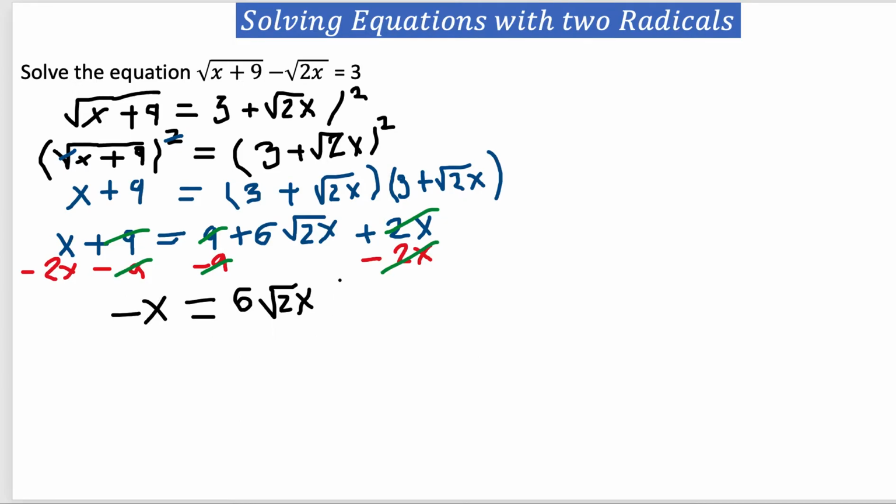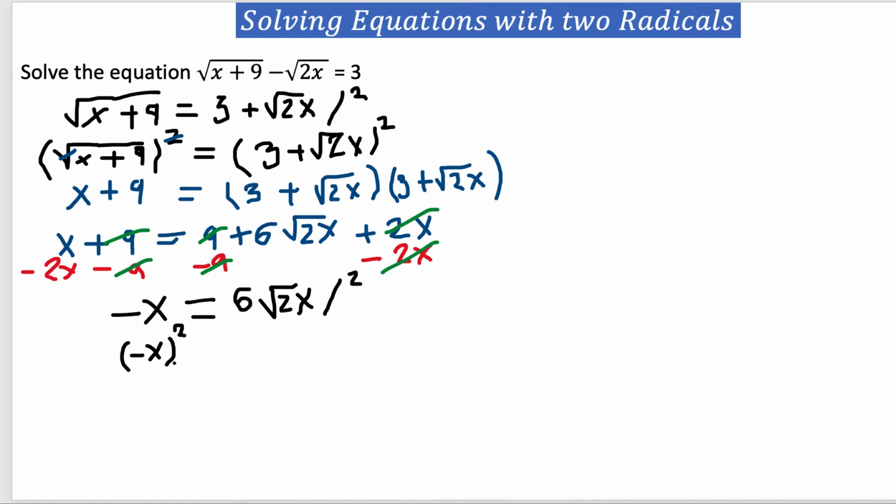What do we do now? We want to get rid of the radical. In order to get rid of the radical, we are going to square both sides. Let me write it with a longer step here, because we need to see what we are doing.